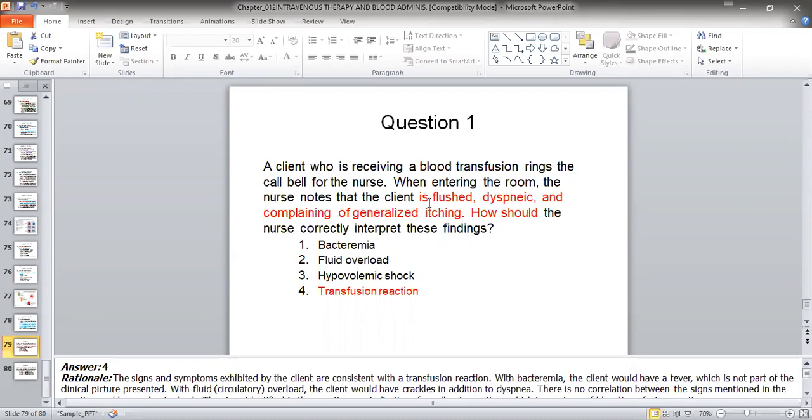So this is the blood transfusion reaction, right? What we explained a few minutes ago. So you have to stay with the patient the first 15 minutes to check for any kind of blood transfusion reaction like restlessness, nausea, hives, shortness of breath, fever, chills, low back pain, right? Any allergic reaction, such as itching, indicates a blood transfusion reaction.